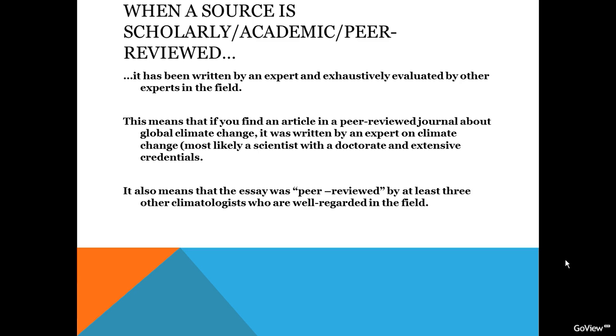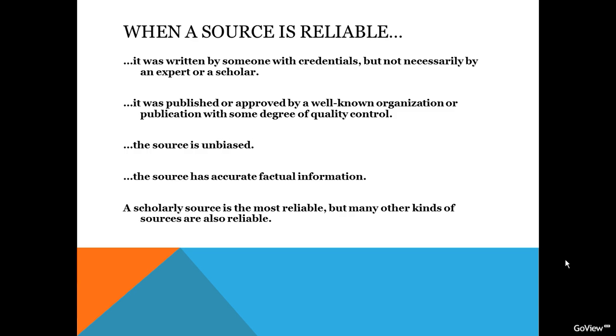So while internet sources and newspaper sources may be more or less reliable, they are not as reliable as a scholarly, academic, peer-reviewed source. But when we talk about a source being reliable, we simply mean that it was written by someone with credentials, not necessarily by an expert or a scholar or a researcher, but just someone who is more or less trustworthy, like a writer for the New York Times.